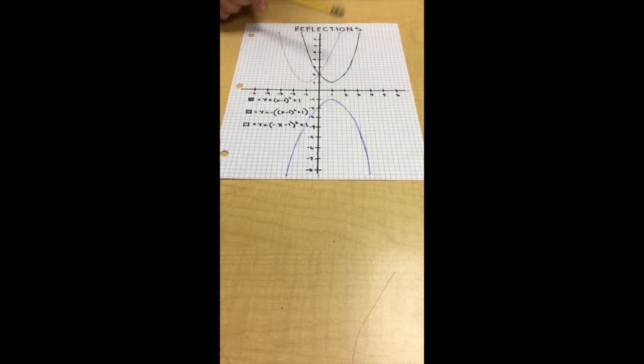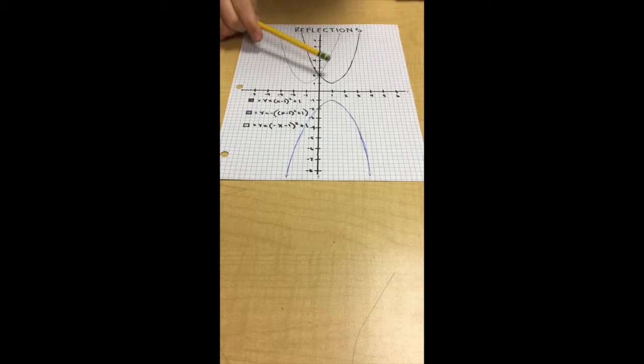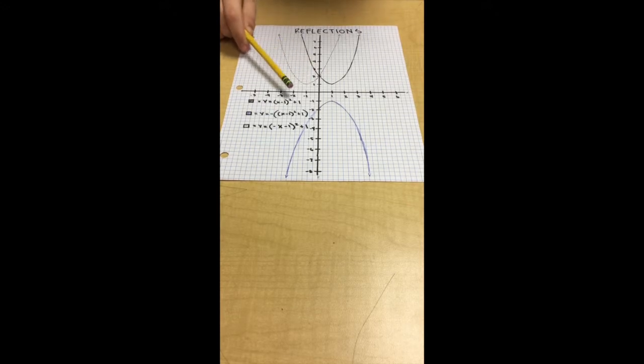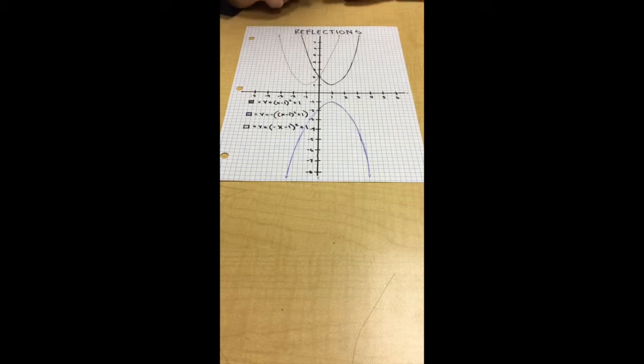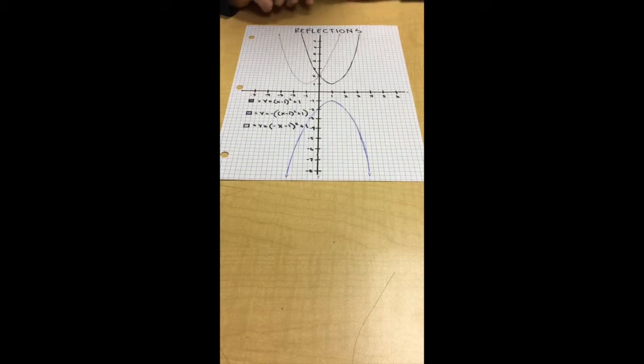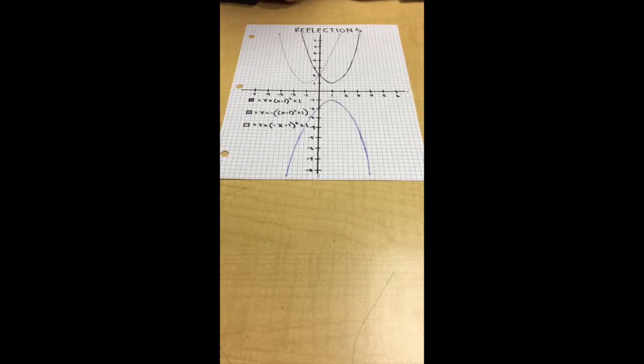So instead of using our parent function for our starting quadratic, we decided to use a different one so it'd be easier to see the reflections across the y-axis. So our starting one has the starting point at 1, 1, just so that you can see easier which ones the reflections are. So the first reflection is reflecting across the y-axis.